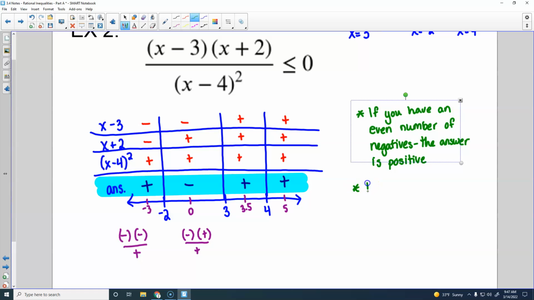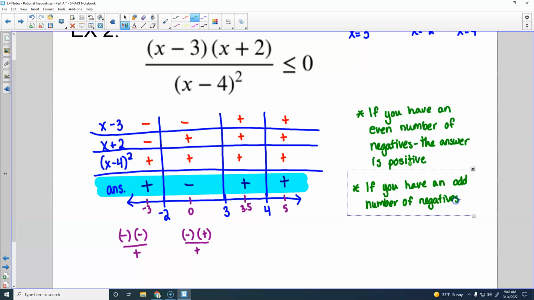And if you have an odd number of negatives, the answer is negative.